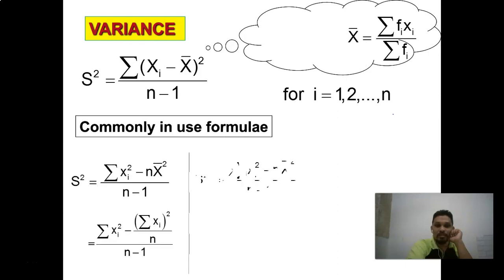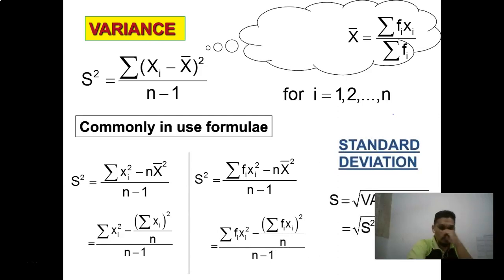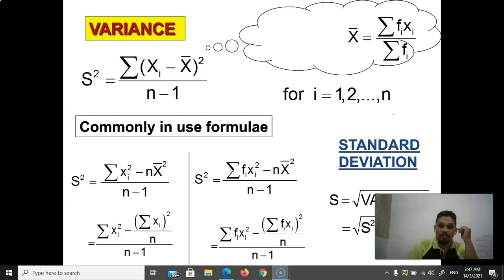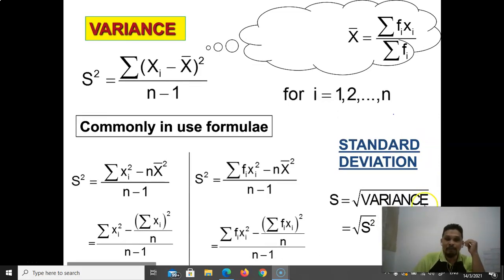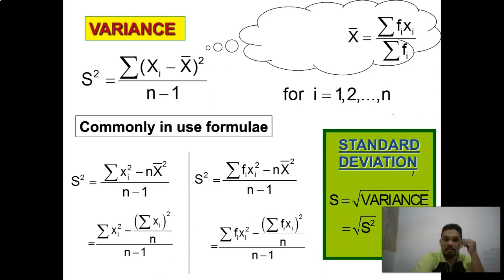We are not going to discuss all this formula one by one, but focus on the solution. And the standard deviation equals the square root of the variance.